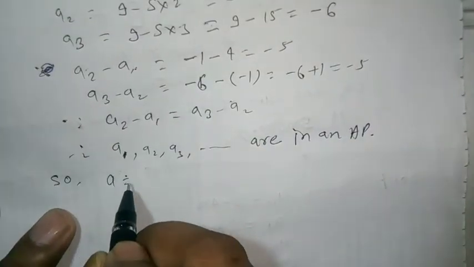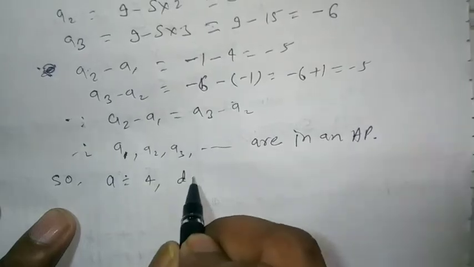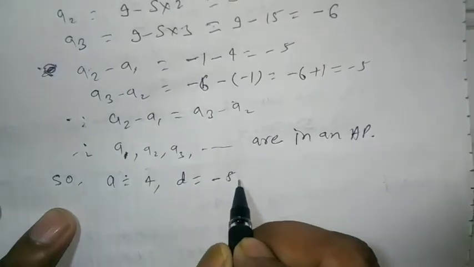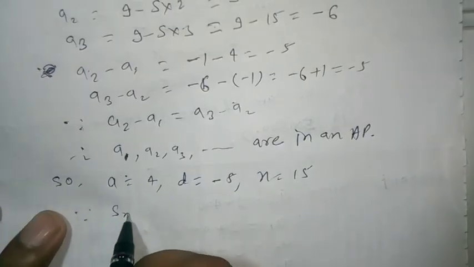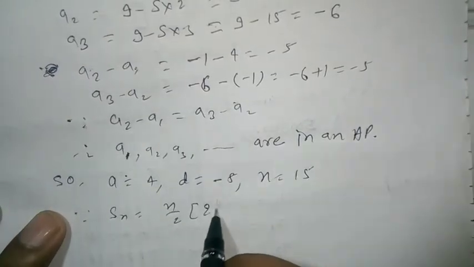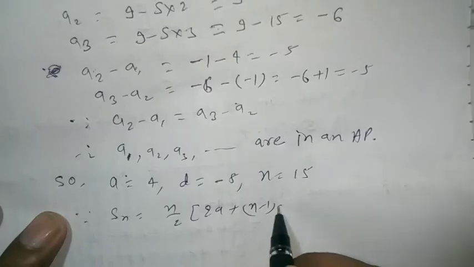So a is equal to 4, d is equal to minus 5, n is equal to 15, because Sn is equal to n by 2 into (2a plus (n minus 1) into d).